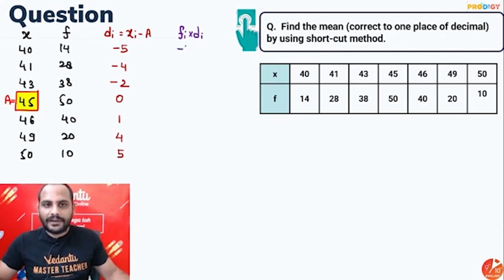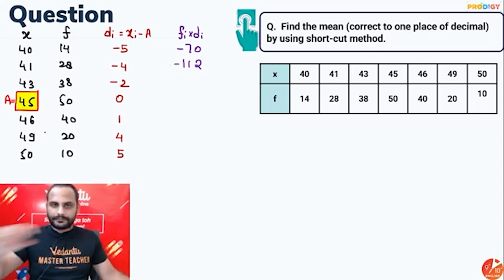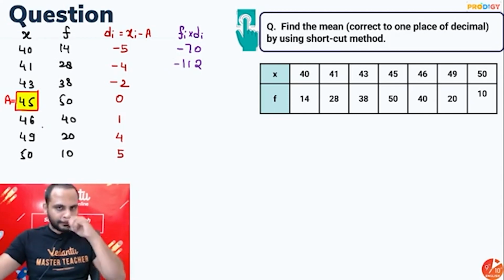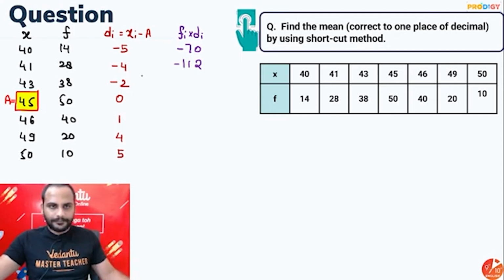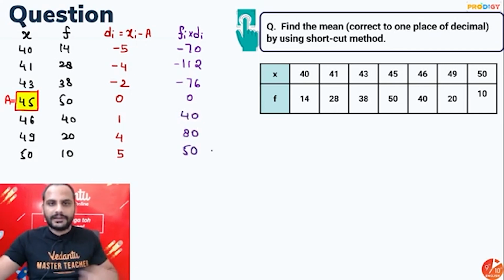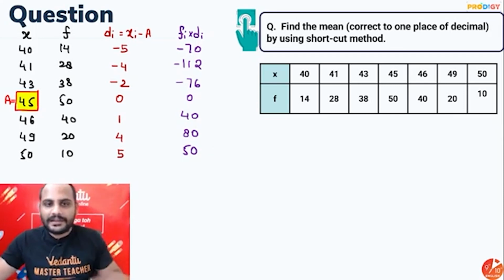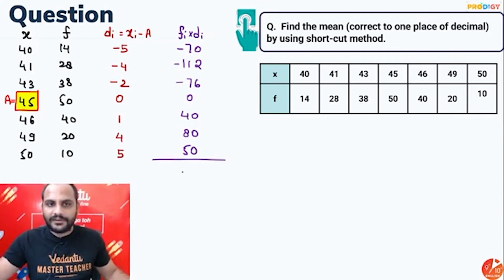So 14 into minus 5 is minus 70. 28 into minus 4 will be equal to minus 112. Minus 38 into minus 2, minus 76. Here it is 0, 40, here 80, and here 50. Correct? Now it will be easier to add them. Calculation has reduced, obviously.